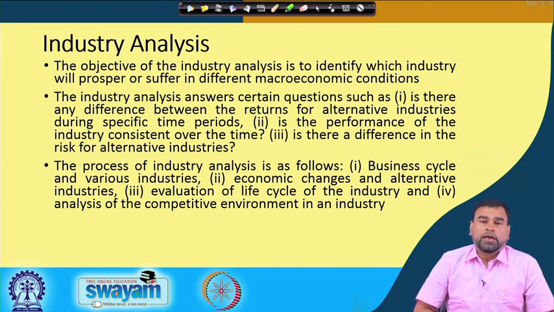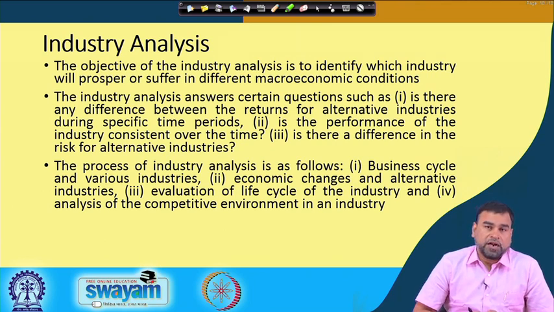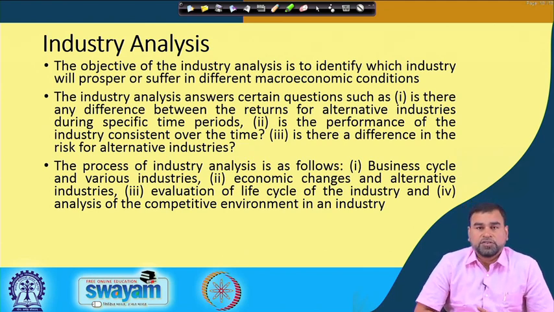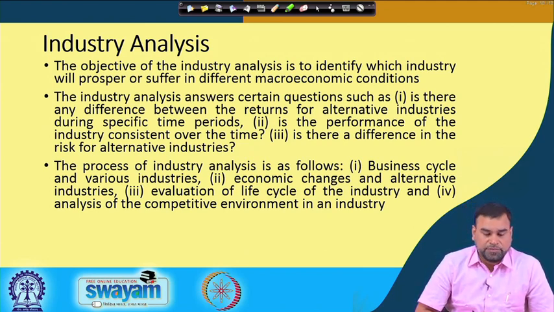Through this scenario building, we try to find out how the industry is going to behave when economic conditions are adverse, whether the industry will suffer or prosper, depending upon the changes in the macroeconomic condition.